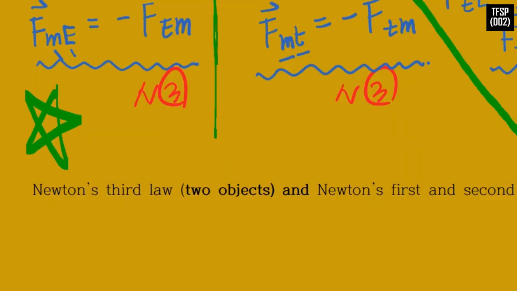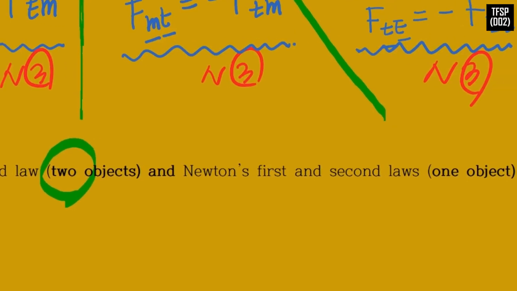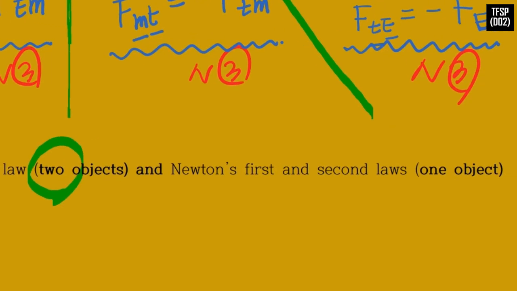Please note the following. Until now, we have applied Newton's third law to interactions involving two objects at a time. However, Newton's first and second laws should be applied to one object at a time.